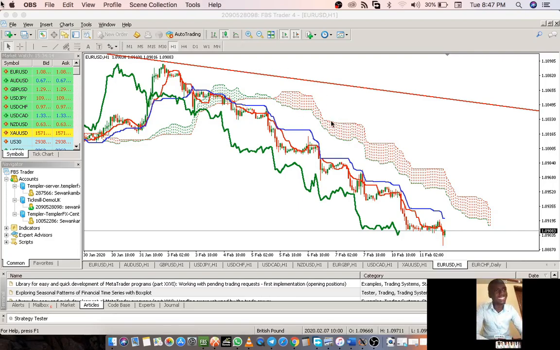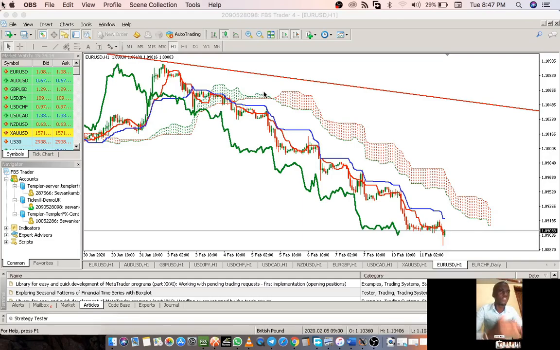When you look at the Senkou span A and the Senkou span B, this is the Senkou span A, this is the Senkou span B. These two lines make up what we call a cloud. The cloud works as a resistance if the market is moving down, and as a support if the market is going above.